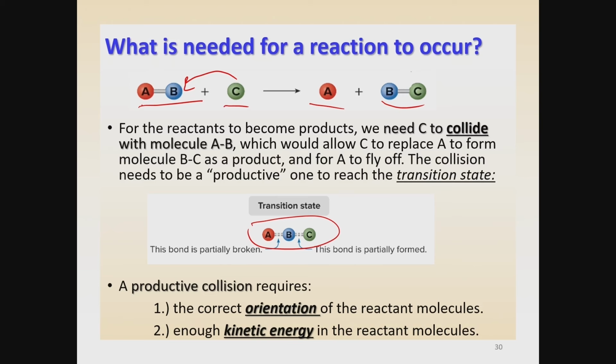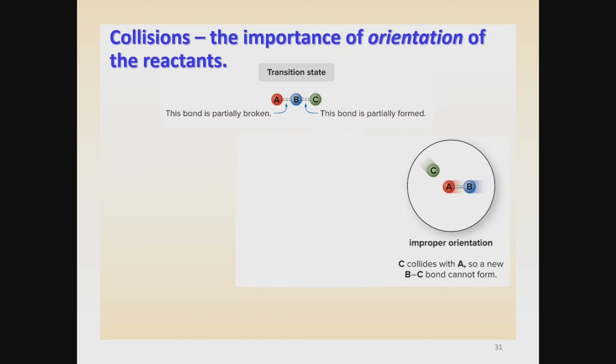So first, let's talk about the requirement that when molecules collide, the reactants must have the correct orientation to one another. And so here, our goal is to react atom C with the molecule AB to get this halfway point, this transition state. So let's look at this picture here that I have now, where we're seeing C approach AB.